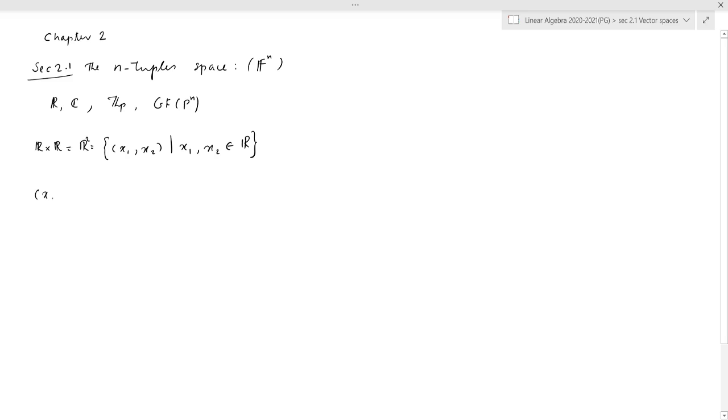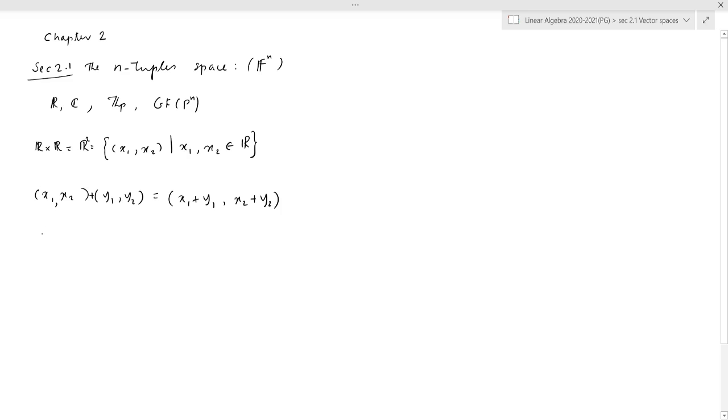In this case, we take x1, x2 and y1, y2. You can add these two ordered pairs, and that is what we call the vector addition. In this manner, the component-wise addition x1 plus y1 and x2 plus y2. This is one possible binary operation defined on R2, and this is the vector addition.